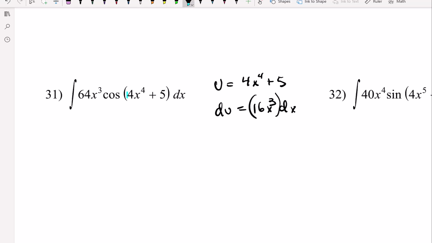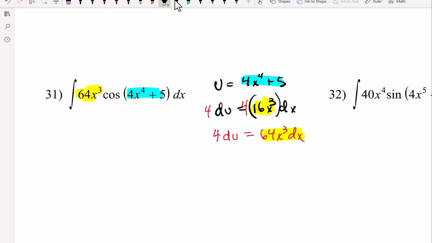So this right here was our u. Problem is, we have a 64x cubed. This is only 16x cubed, so we're going to have to multiply both sides by 4. And now what we have is 4 times du is equal to 64x cubed dx.